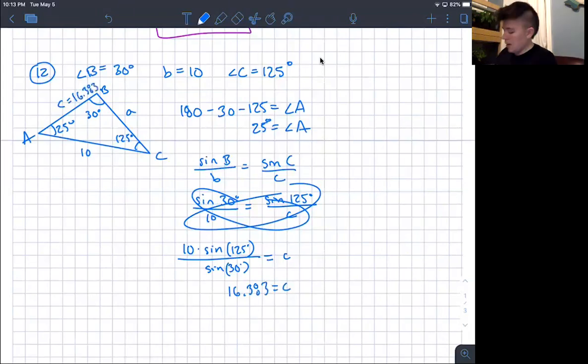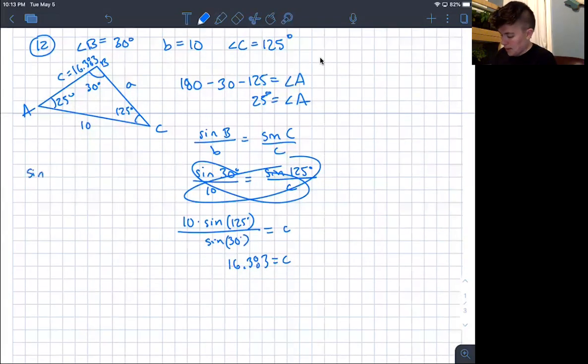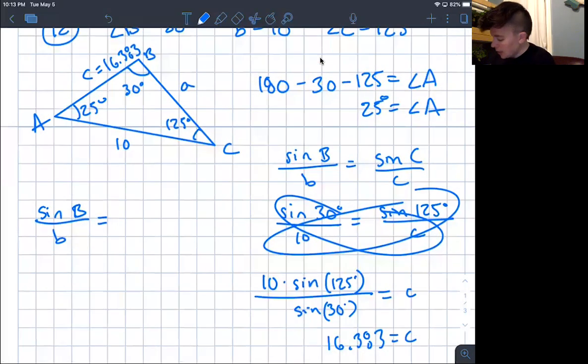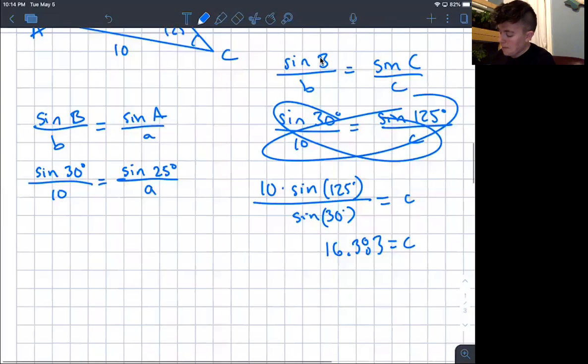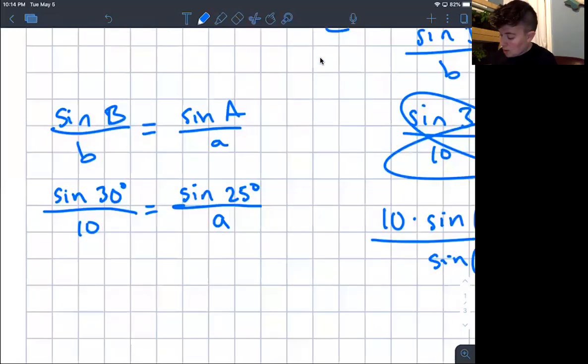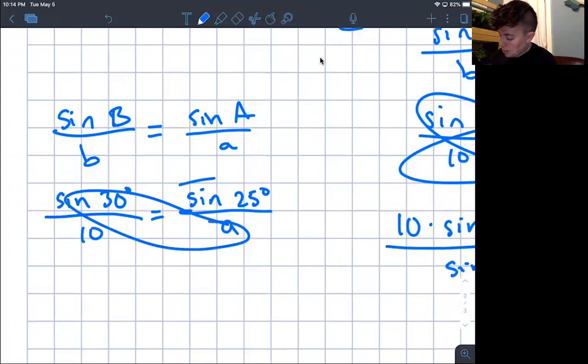Okay, and now let's go ahead and find side A. So I'm going to go back to sine B and side B because I know those for sure. I'm not estimating those. I actually know what those are. So sine B over B equals sine A over A. So it's going to be the sine of 30 degrees over 10 equals the sine of 25 degrees over A. Do your little cross multiplication.